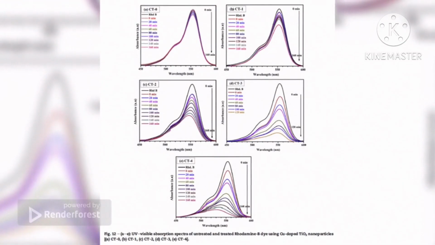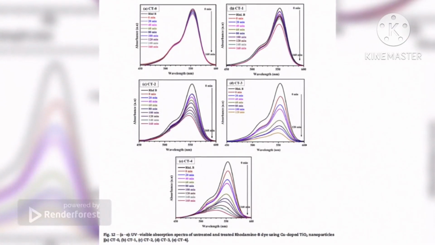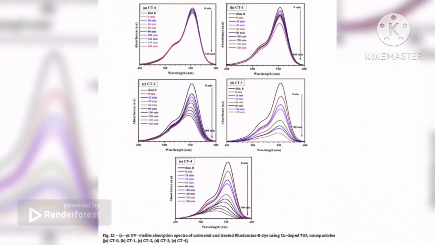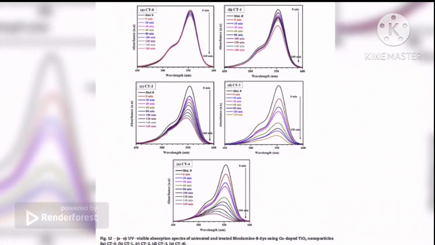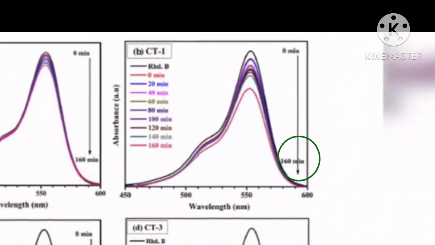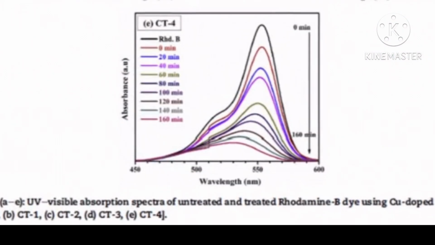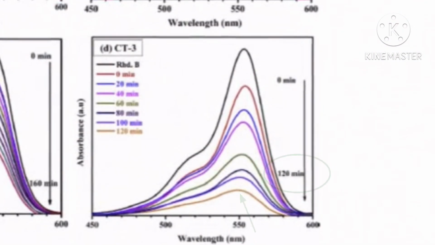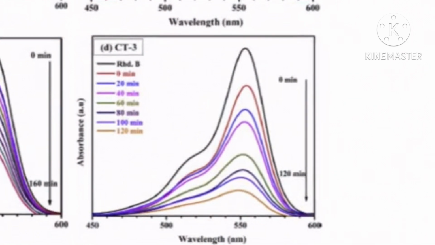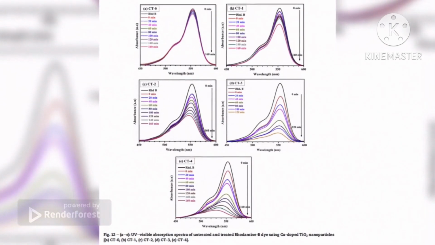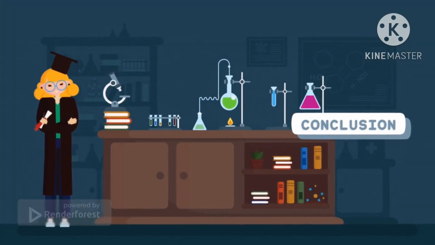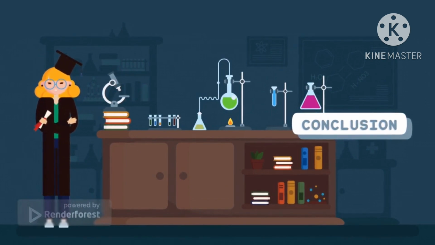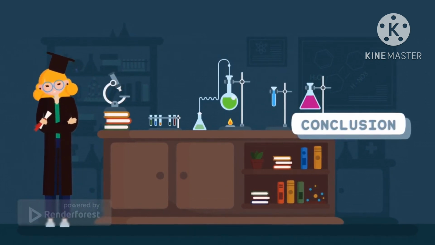Under visible light irradiation, the photocatalysis from CT0 to CT4 in rhodamine B dye solution was equilibrated at equal intervals of time up to 116 minutes, except for sample CT3, 120 minutes.